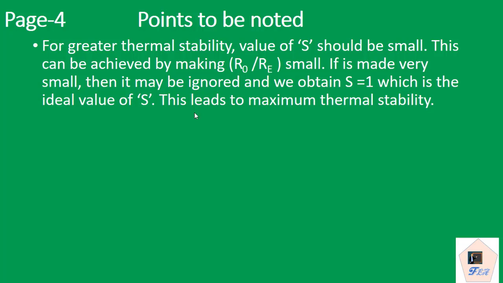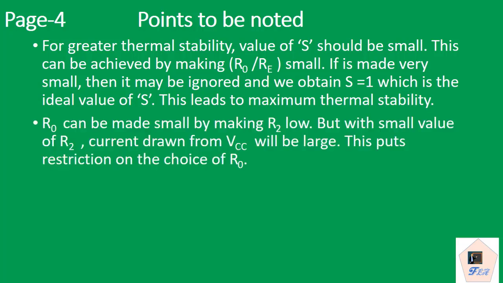It sounds good, and here we will get the maximum thermal stability. But achieving S equal to 1 is not so easy. There are some constraints. R naught can be made small by making R2 low, but if R2 is low, a huge current will be drawn from VCC, and this puts a restriction on R naught.